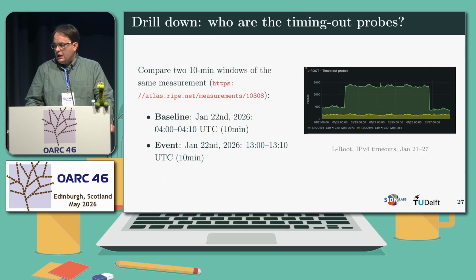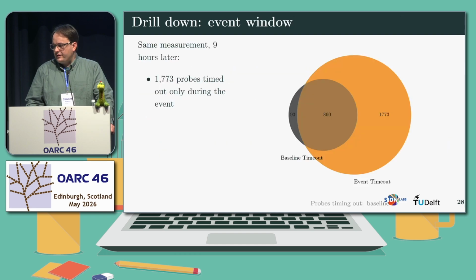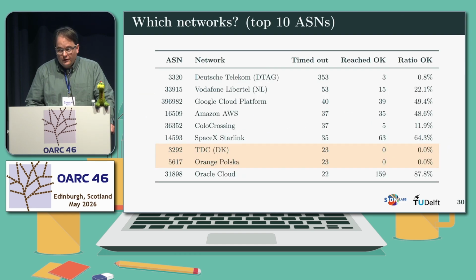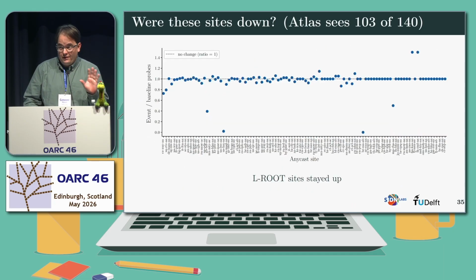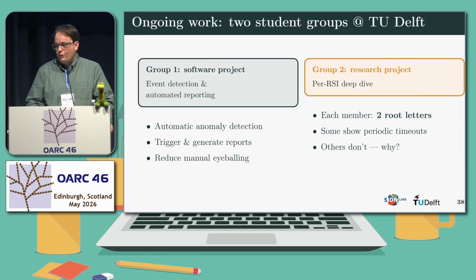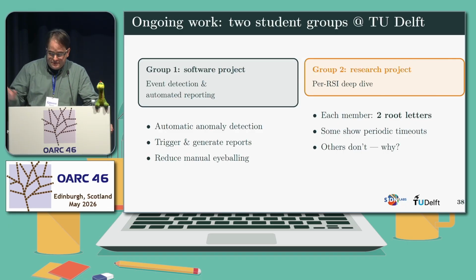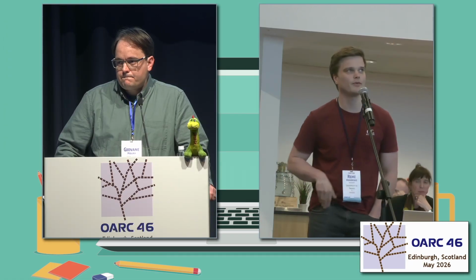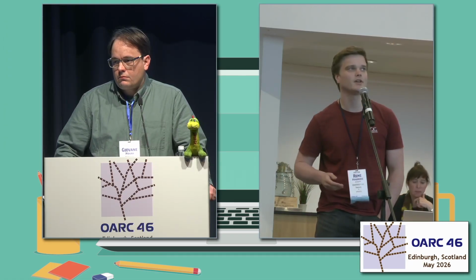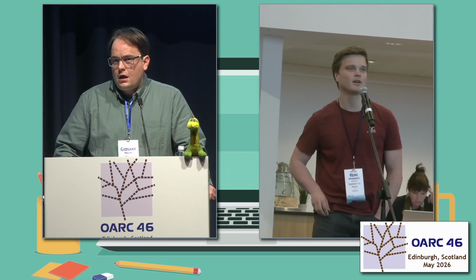So long story short, Atlas built-ins would run on all the probes, even if they have tags like system-ipv4-doesn't-work. So they're looking into that right now. I haven't looked into that yet, to give the short answer. So no, it's ongoing work. They're doing this deep dive. I'd ask them to compare these letters and figure out why. I think if you would filter out the ones that are consistently timing out, maybe you'd also have cleaner data.